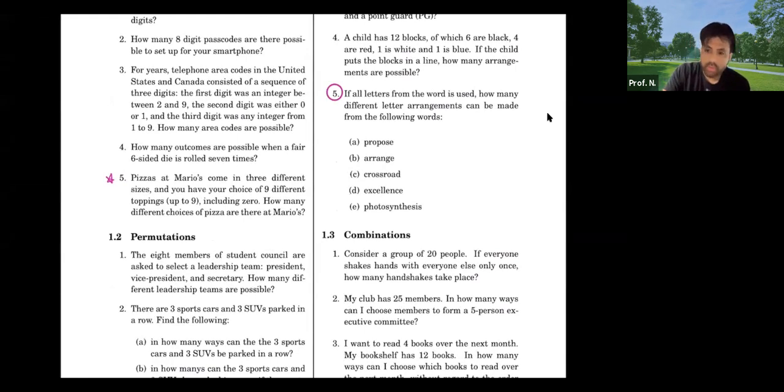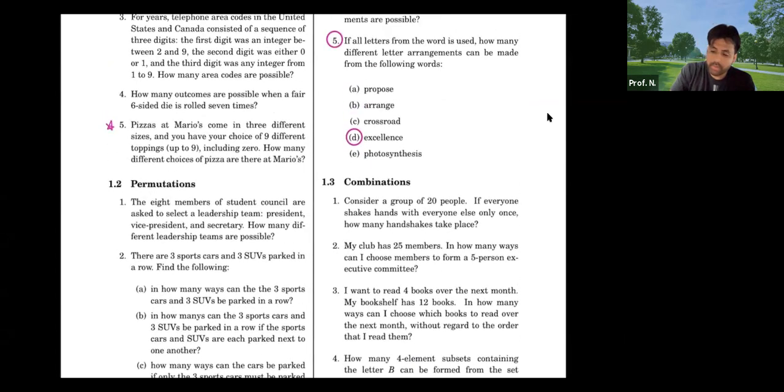And in particular, let's do D. So this is one of those problems where you have a word with repetitive letters, and you want to rearrange those letters and find out how many rearrangements are possible. So let's look at the word excellence. I want to know how many ways I can arrange the word excellence to create different letter arrangements.